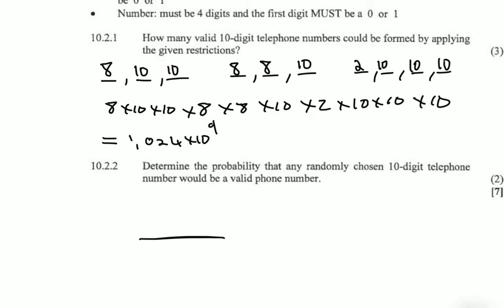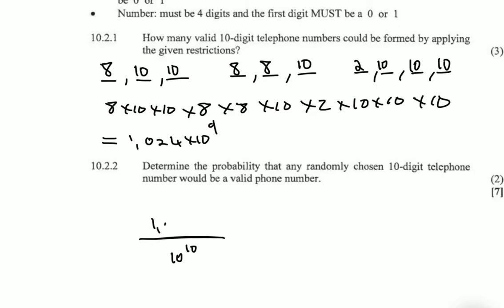The number of possible 10 digits is 10 to the power of 10, which is what we calculated in 10.1. But of those 10 to the power of 10, the ones that are valid are only 1.024 times 10 to the power of 9, which is what we calculated in 10.2.1.